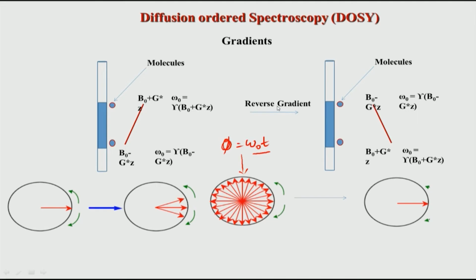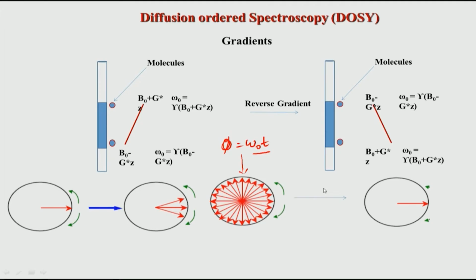We use the word reverse, or you can say opposite gradient, and therefore, it has come back to the original phase. So, you can play around with magnetization by dephasing, rephasing, and whatever angle you want, you can choose that by applying this kind of gradients.